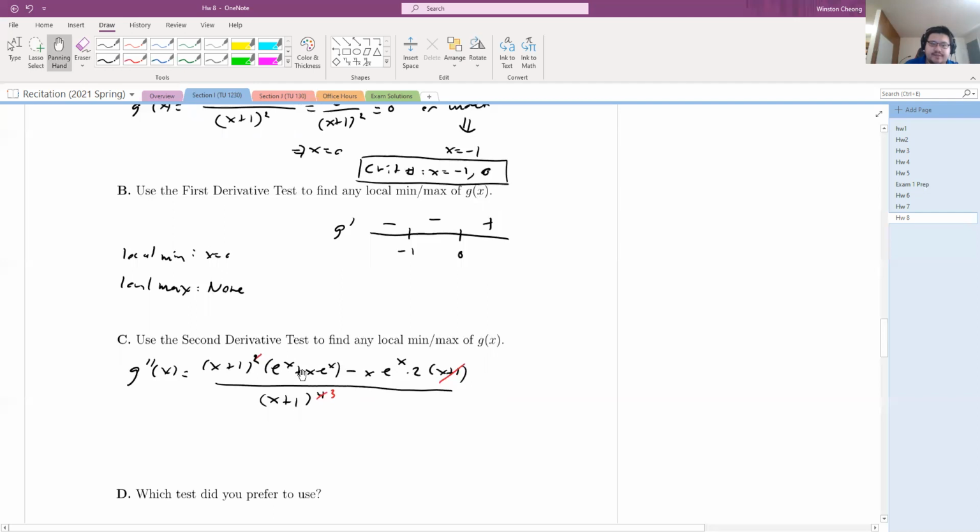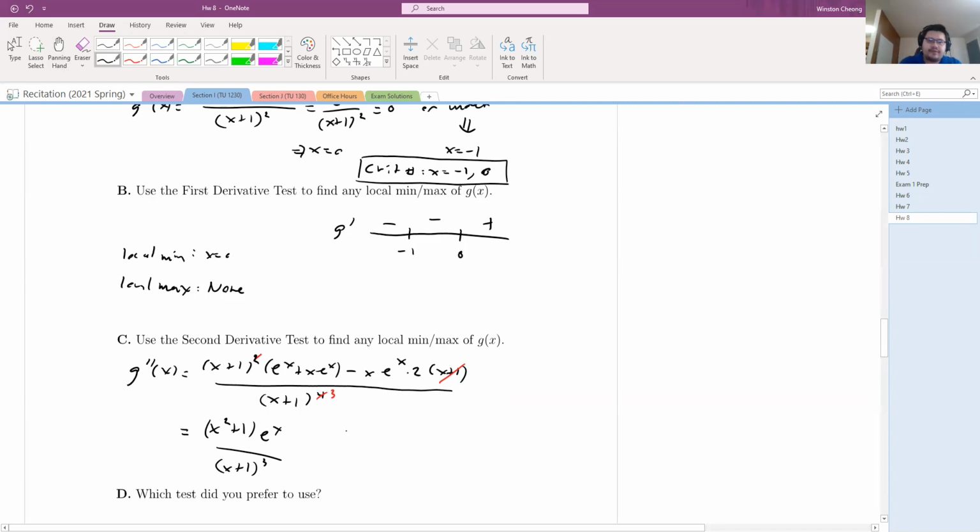You could factor out e to the x here. You get x plus 1, which is going to combine with this, and then this just has a 2x. You can factor out e to the x, and then combine everything into one polynomial. With a little bit of cleaning up, you're going to end up with x squared plus 1 times e to the x on top over (x plus 1) cubed.